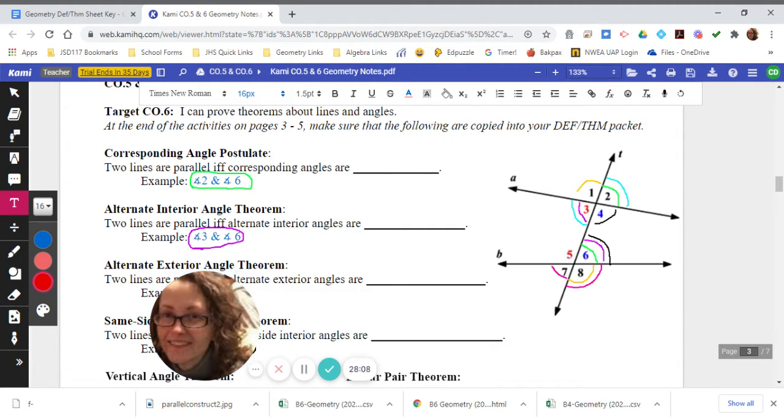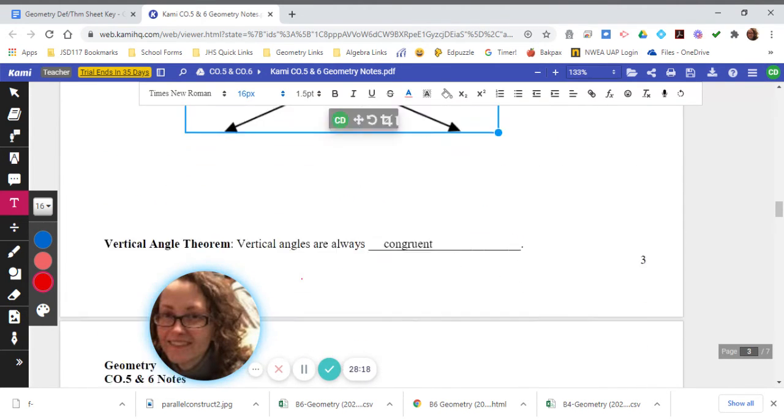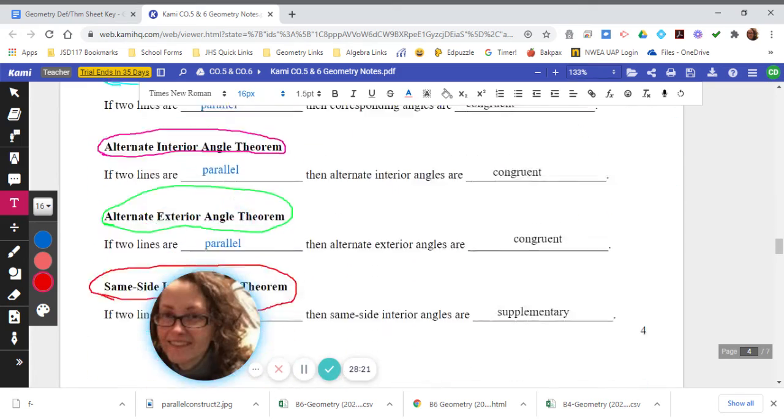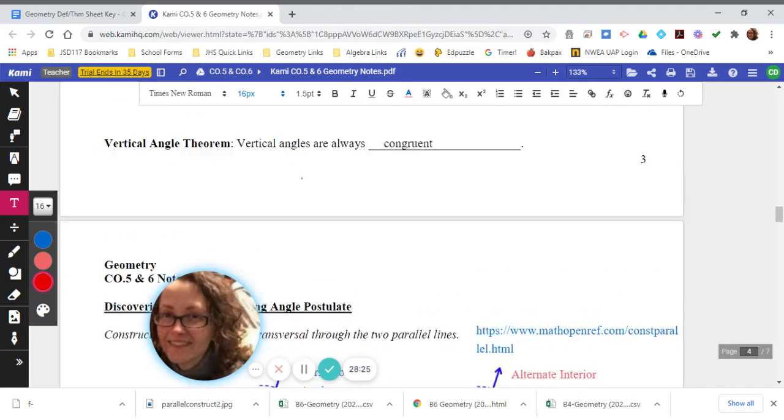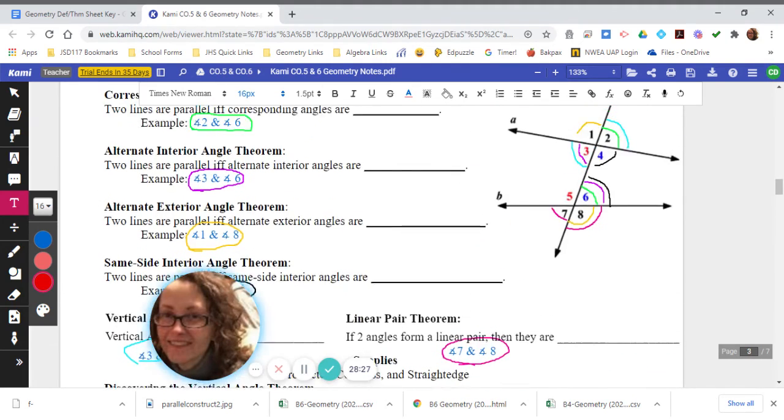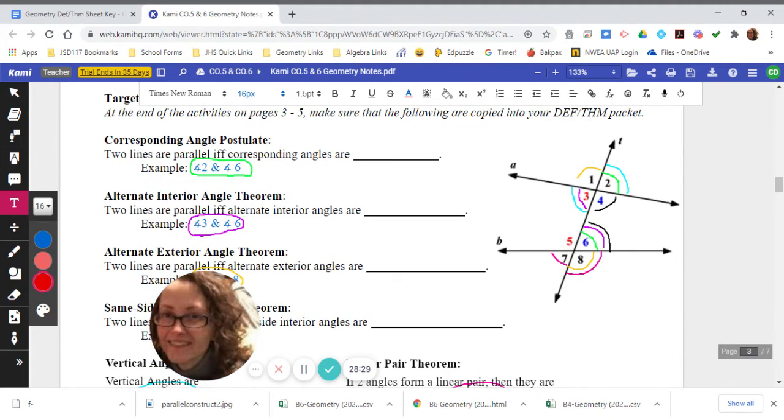And I can combine those theorems and their converses into one nice, neat little package so that no matter what I'm doing, I can just quote these original theorems and postulates.